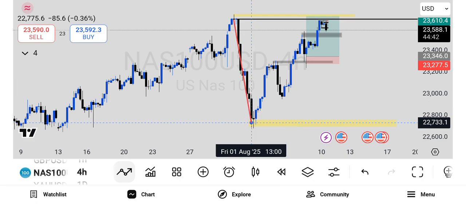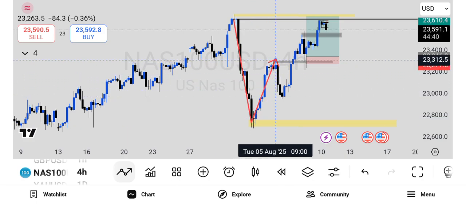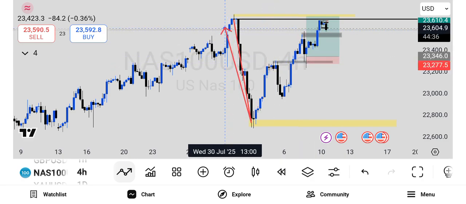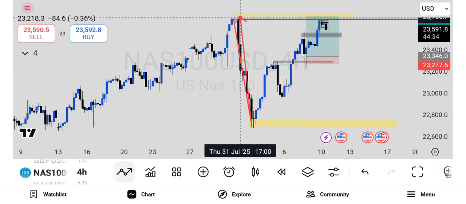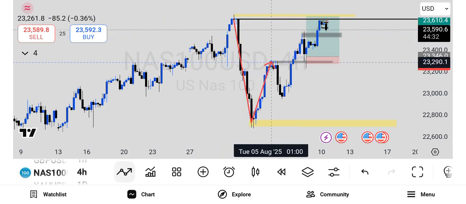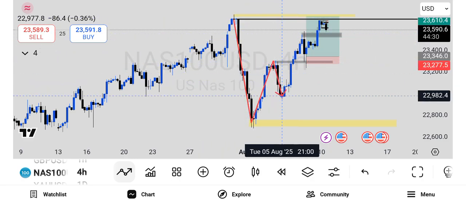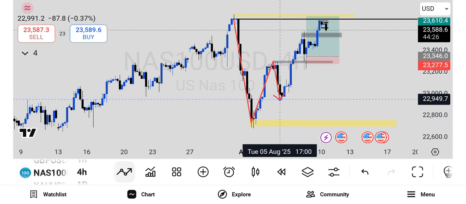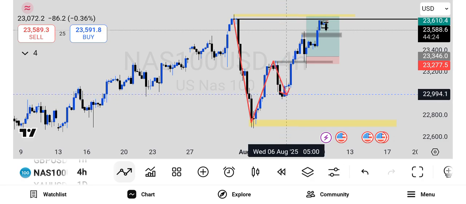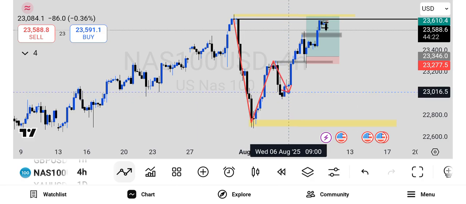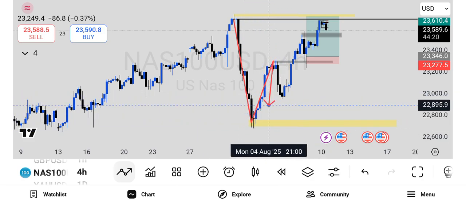Price created this new low and then it created this high. This was a lower high because it was lower than this one. After price created this lower high, it came back and created this low. This low is a higher low, because it's higher than this previous low right here, and then the price reversed.